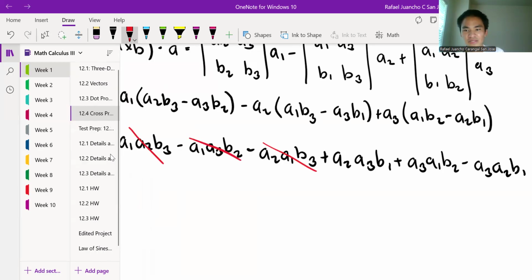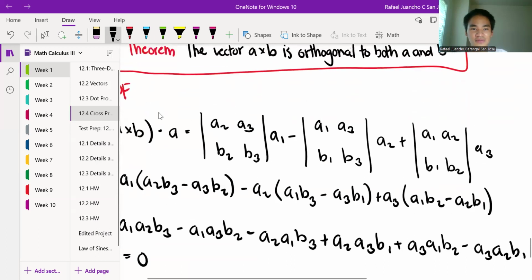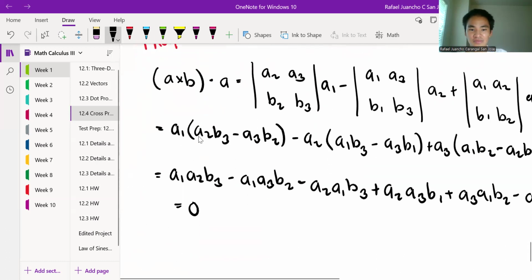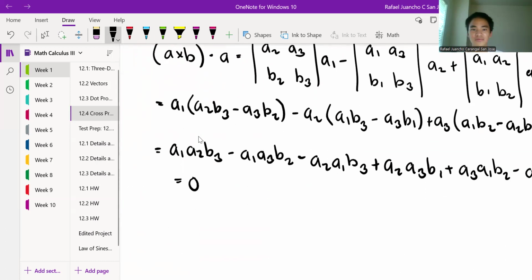These cancel. A2, A3, B1, A2, A3, B1. So basically, everything is equal to 0. And so their dot product is 0. And if their dot product is 0, then they're perpendicular. So that's how we show that they're orthogonal.